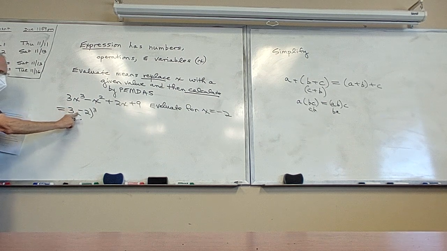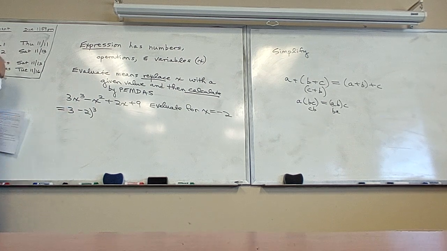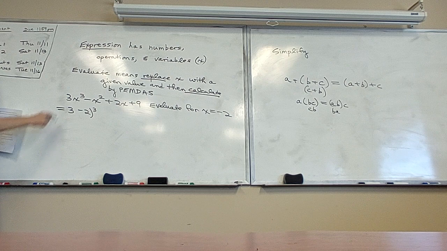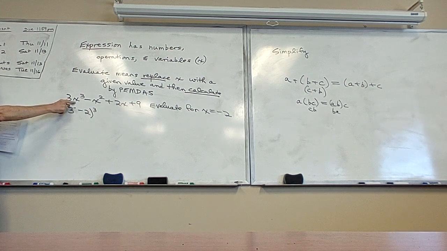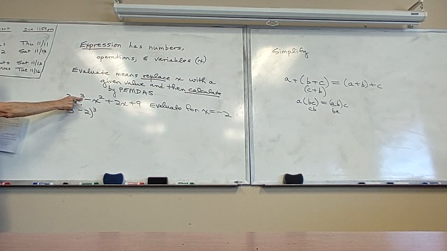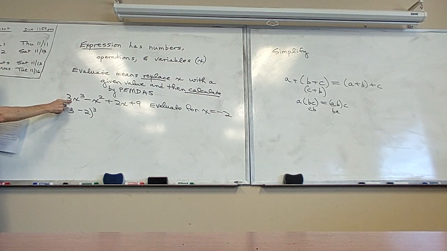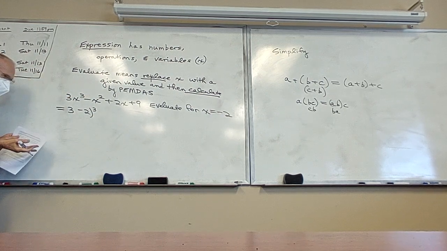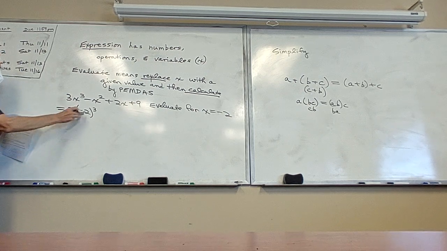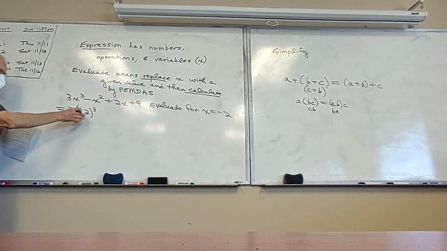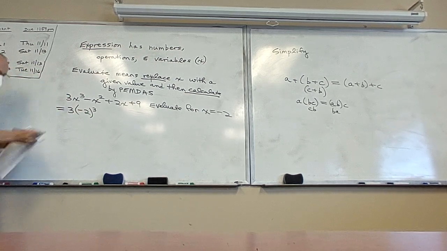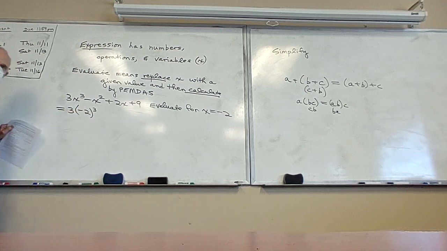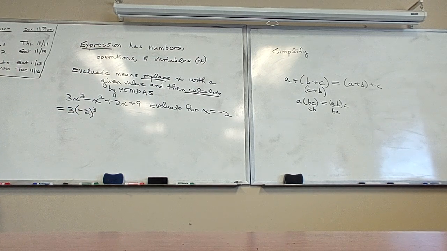Because if we don't put parentheses here, it looks like subtraction. There's no ambiguity here with the x. That's x cubed and then multiplied by 3. But if you're going to replace x with the whole -2, you got to show, remember we went through this last time, that the whole -2 is affected by the exponent 3. So you got to put the parentheses there.